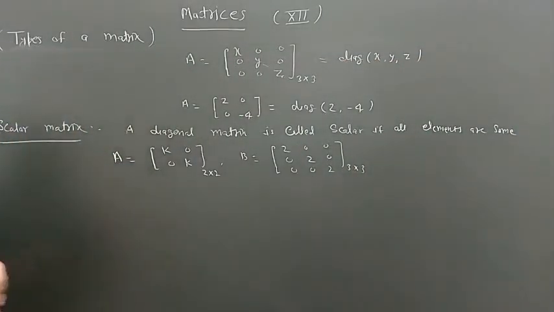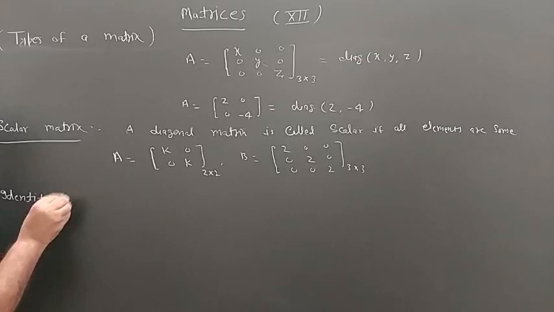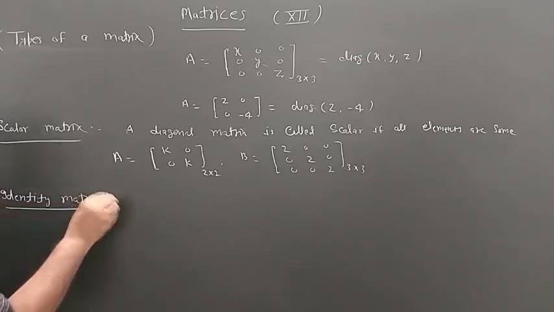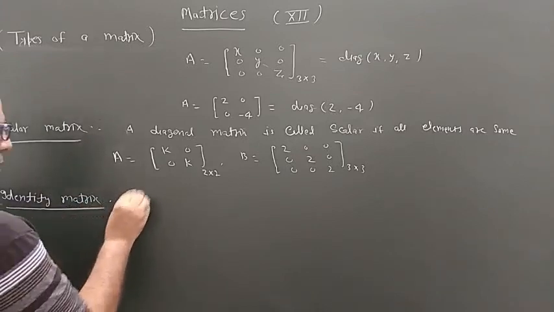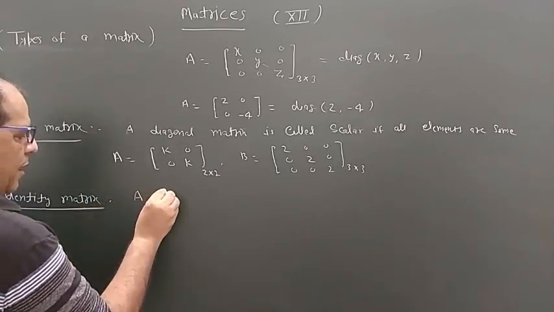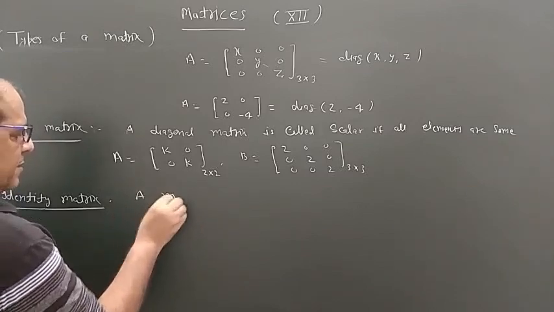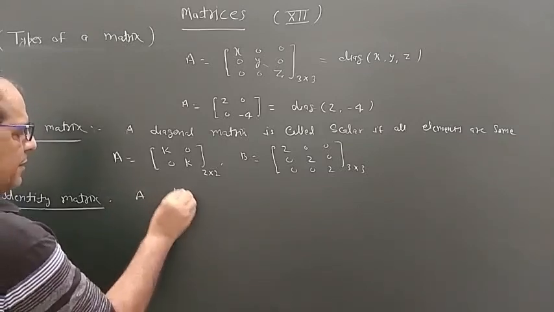Now another form of matrix is the identity matrix.